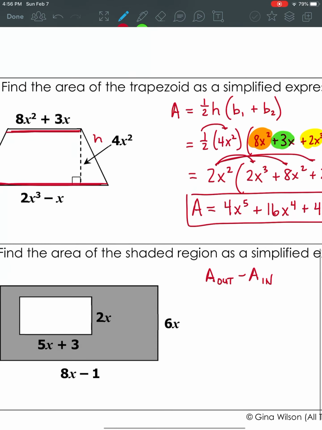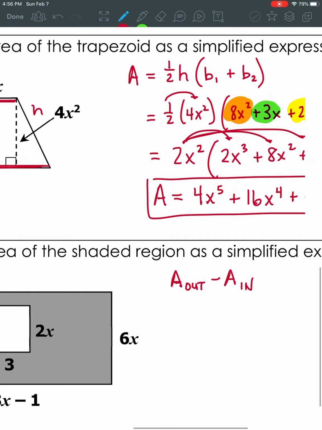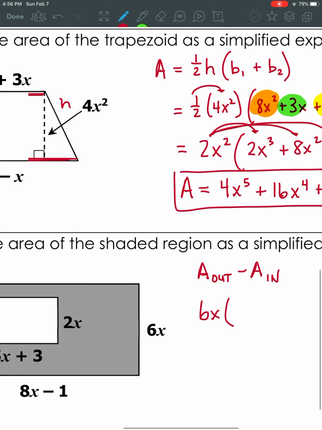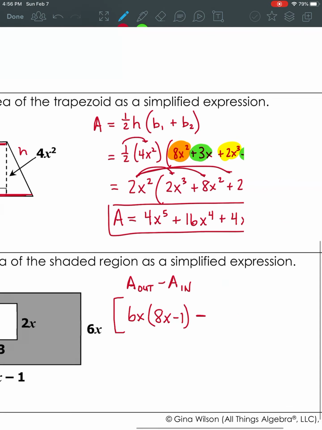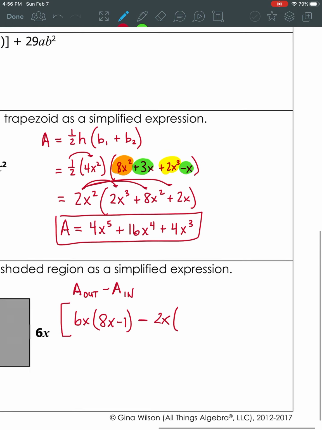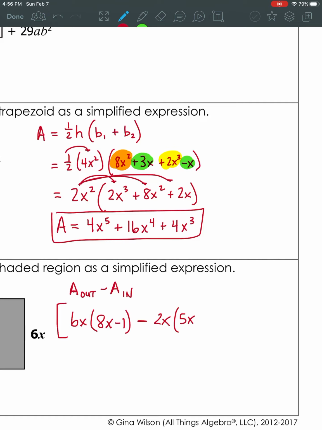So the area of the outside, the big rectangle, is going to be length times width, so 6x times 8x minus 1. So that's the area of the big one. And then we're going to subtract the area of that inside, so we'll do 2x times 5x plus 3.